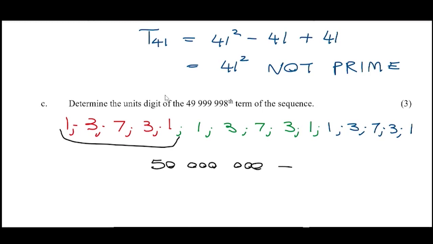So that term, the 50 millionth, will end in 1. So the one that is 49,999,998 is going to be 2 before. It's going to end in 7. So our final answer is 7.